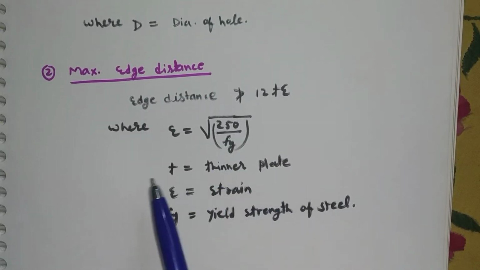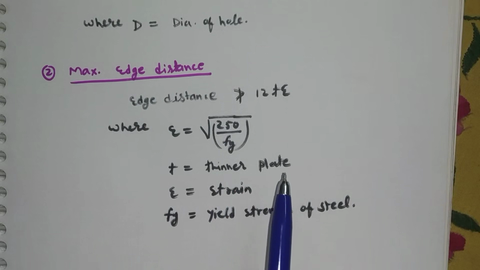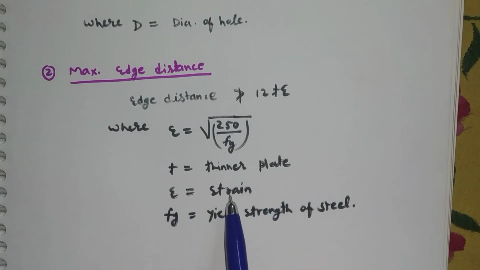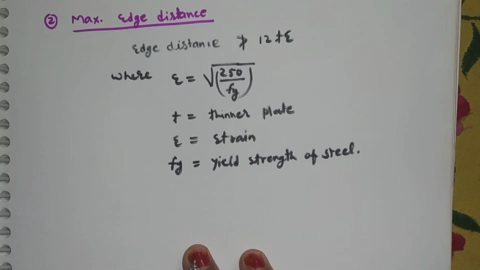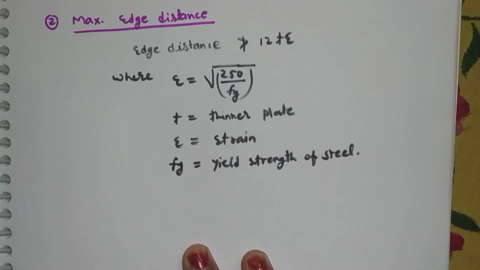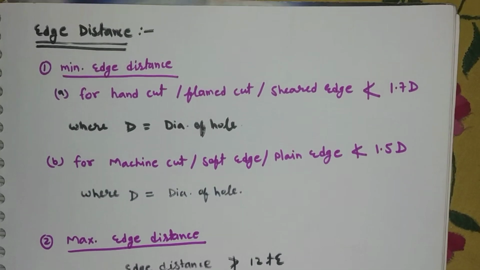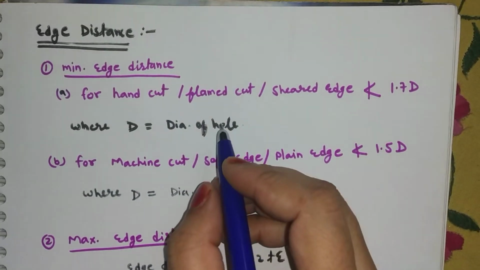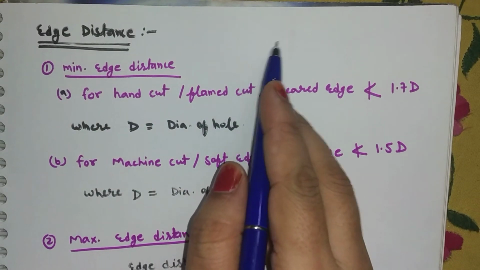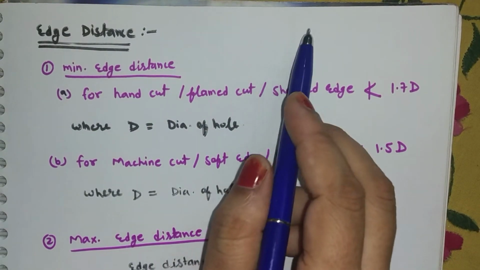And t is the thinner plate, and epsilon is a strain. So in this video we discussed all the codal provisions of pitch, gauge, end distance and edge distance.